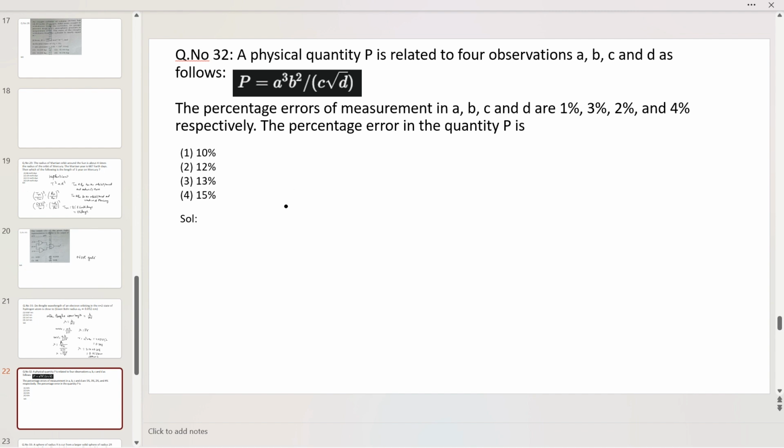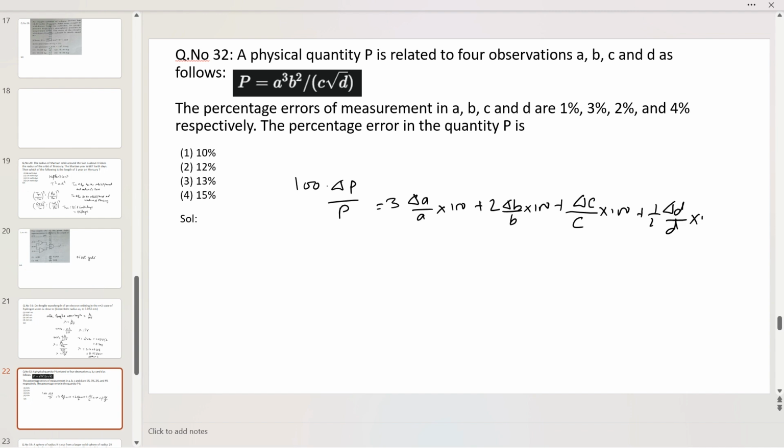Directly, del p by p into 100 is equal to 3 into del a by a into 100 plus 2 into del b by b into 100 plus del c by c into 100 plus 1 by 2 del d by d into 100.